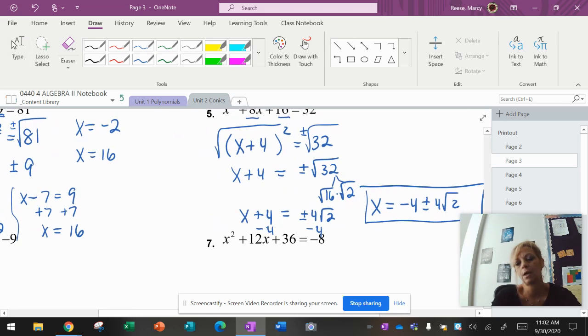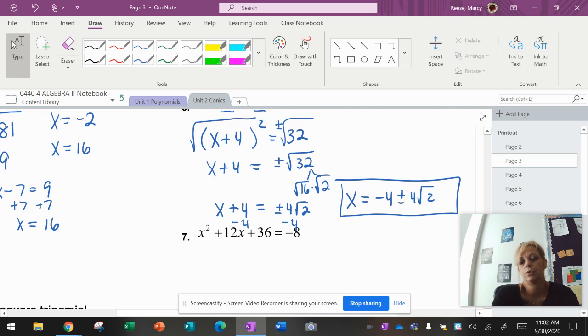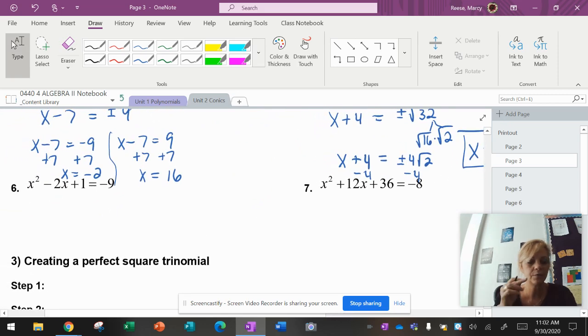That means there's 2 of them: negative 4 plus 4 radical 2 and negative 4 minus 4 radical 2. To save time, 6 and 7 are not bad, but I decided we're going to hold off because you're going to see one on the back page.